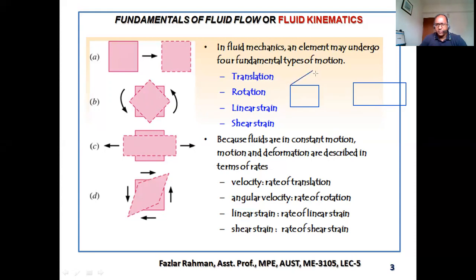It was a square element or cube, but when it traveled from, let's say, point A to point B, its shape changed, coming like this. So what does it mean? The rectangular shape is still there, but one dimension is changing. That is called linear strain.